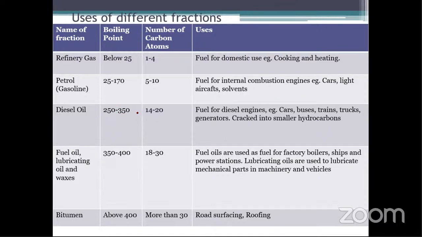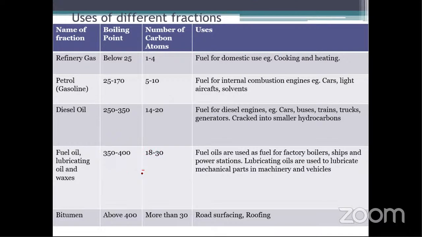250 to 300 degrees Celsius, 14 to 20 carbon atoms, and you use it for diesel engines. And fuel oil, lubricating oil and waxes, 350 to 400 degrees Celsius, very high boiling point. And you see these are large molecules, 18 to 30 carbons.